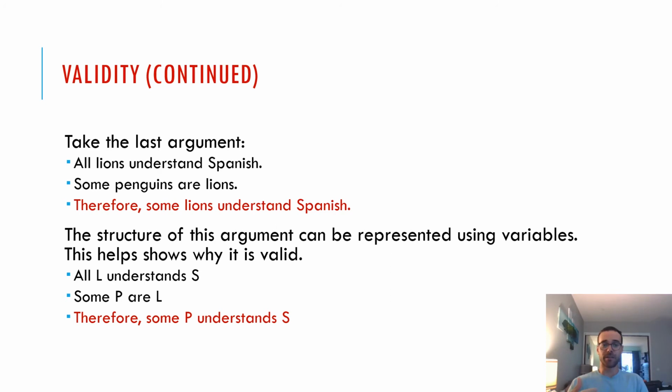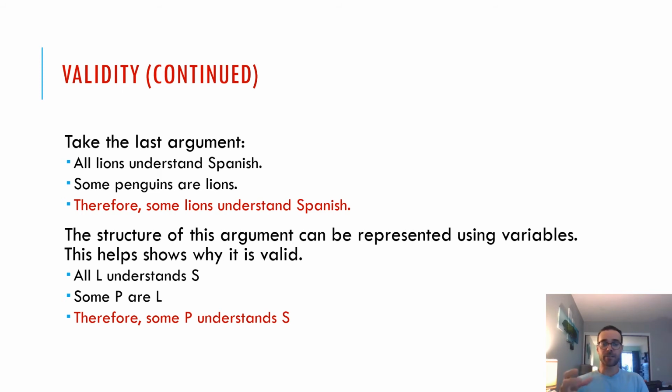And we can show this by getting rid of the predicates within this sentence and replacing them with variables. So you can see, if I were to express the same argument, but with variables, all L understands S, and some P are L, it would be clear that some P understands S. But we often get confused with the predicates.